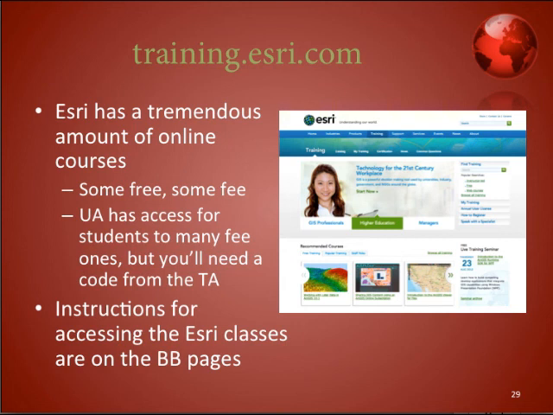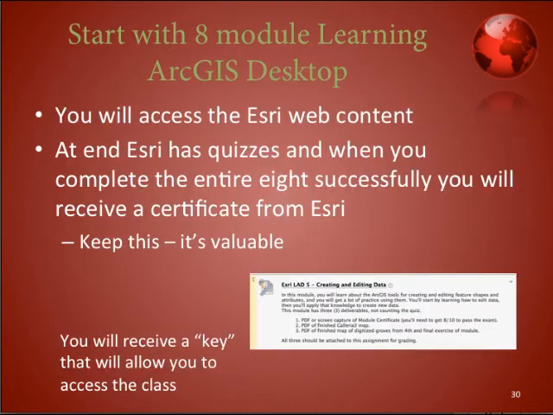There are detailed instructions on how to access the ESRI labs in the tutorial and help documents section of the Blackboard website. You will have to log into training.esri.com. That's their website for their training.